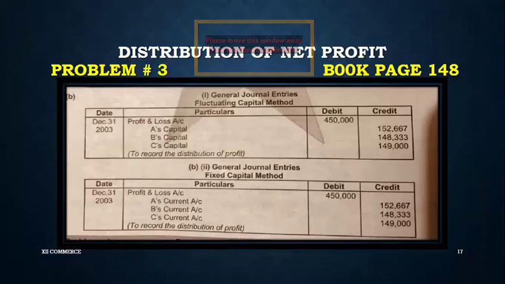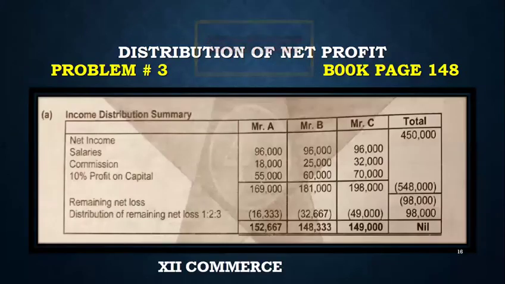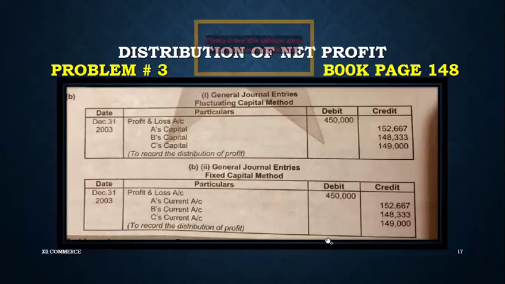Where are we getting these capital balances? This one, okay, 152, 667, 148. So we are making the journal entry for this. Clear? By two methods, fluctuating and fixed capital method, both. So this journal entry is basically for the distribution of profit and loss.